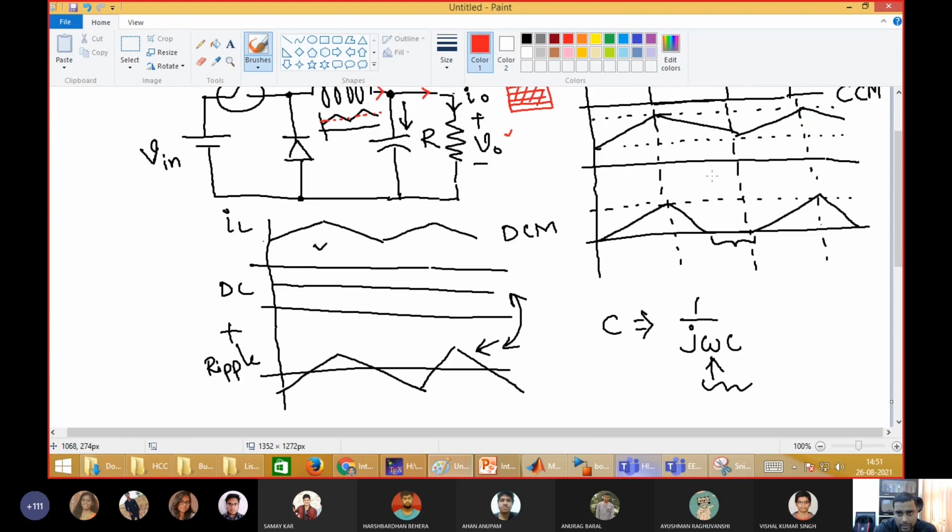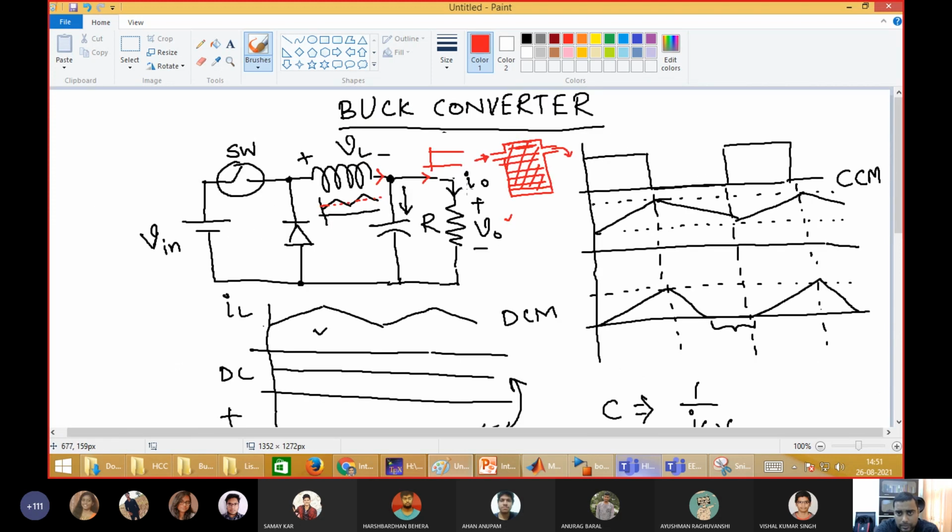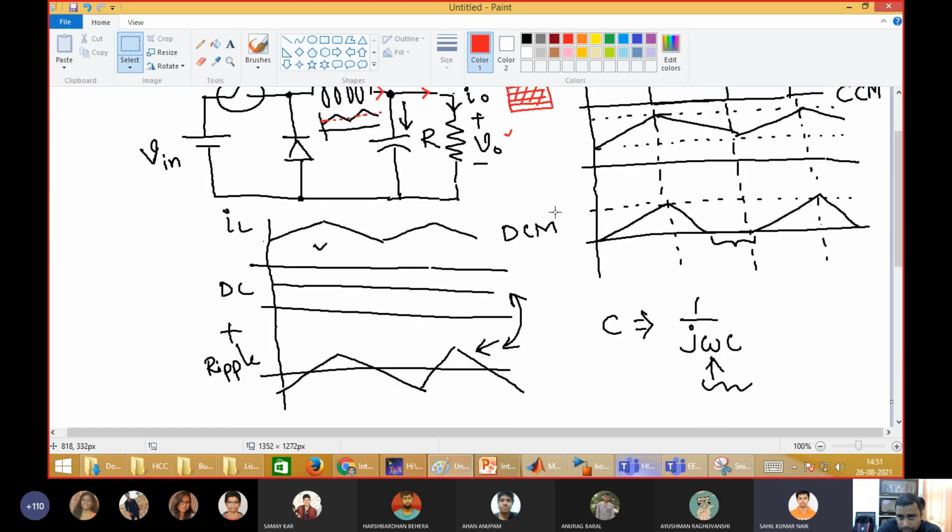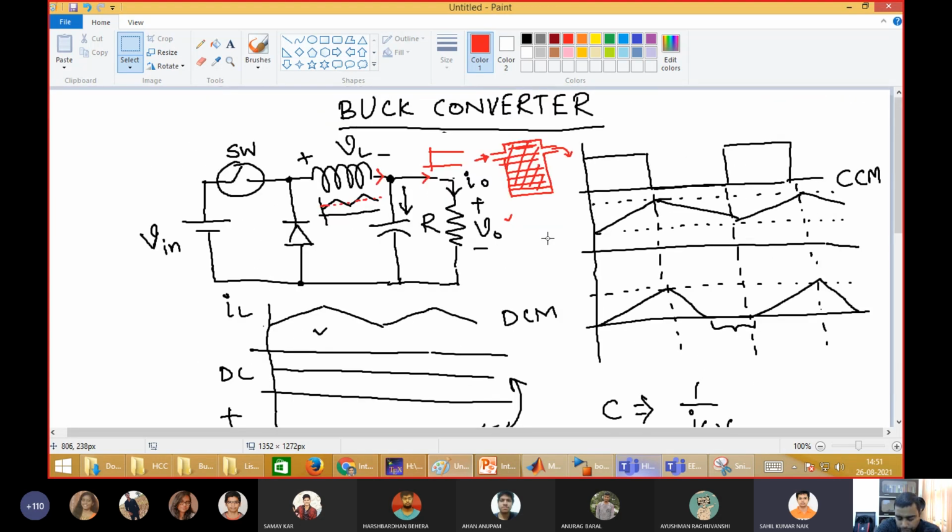Now my circuit is complete. Sir, then why does the ripple current not pass through the resistor? What will be the reason? Sir, you said that because of frequency and charge accumulation the DC current will not pass through the capacitor.